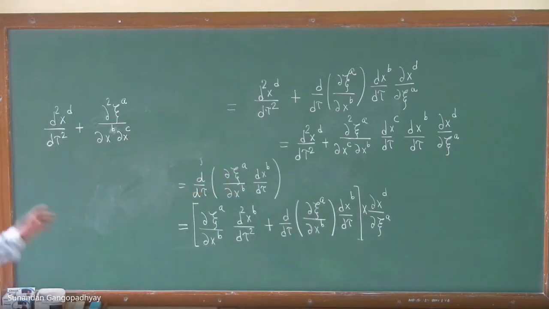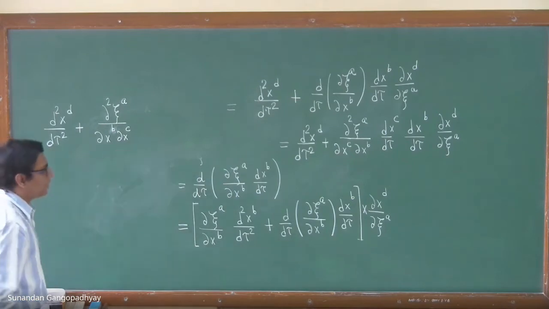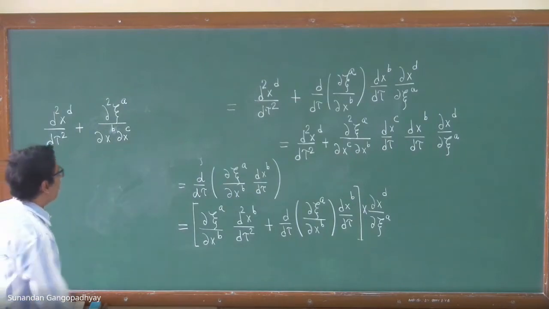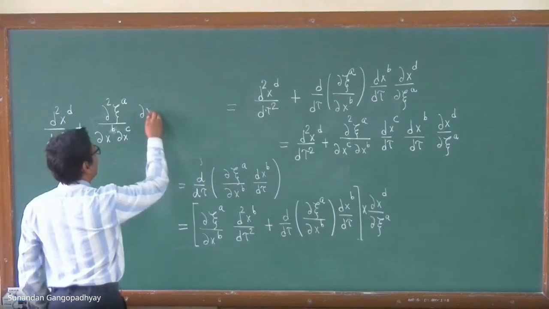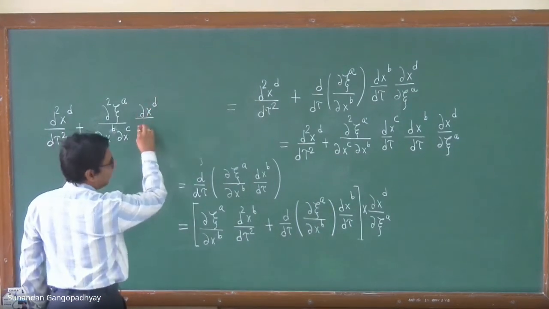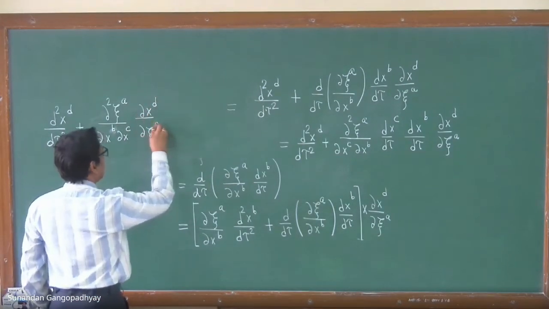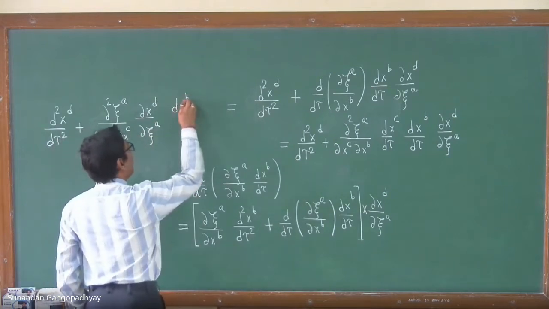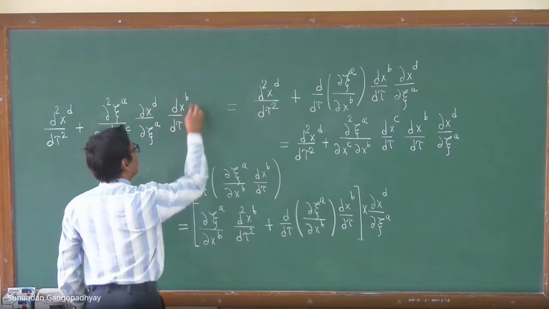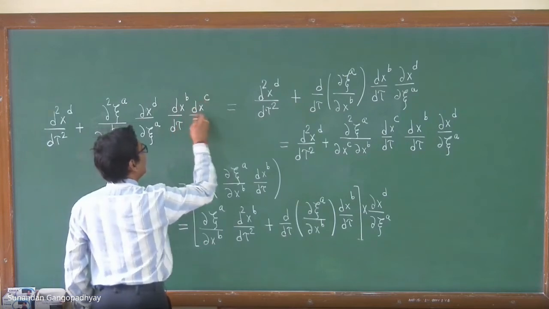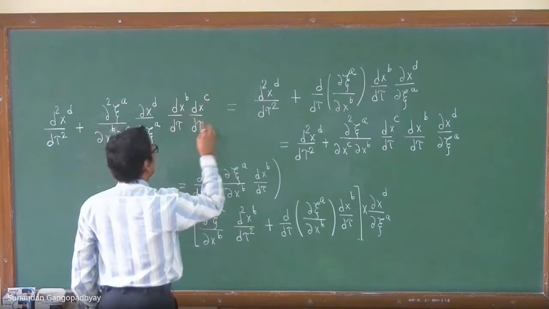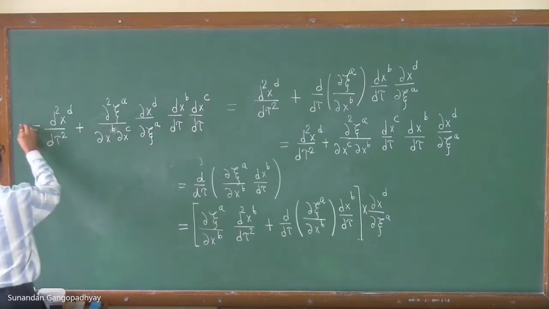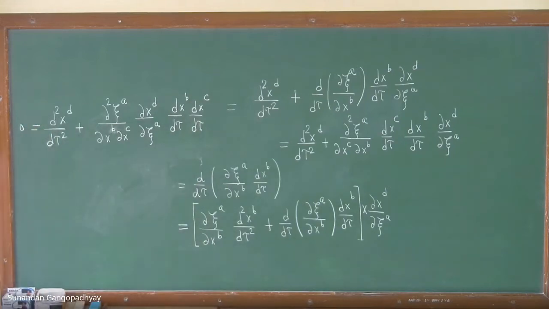So you can write ∂x^c∂x^b is the same as ∂x^b∂x^c. And then we have dx^b/dτ dx^c/dτ, that is equal to 0. This is what we have to do.